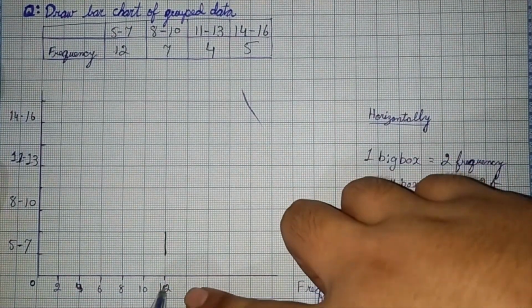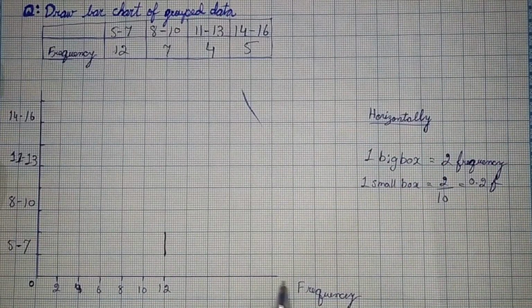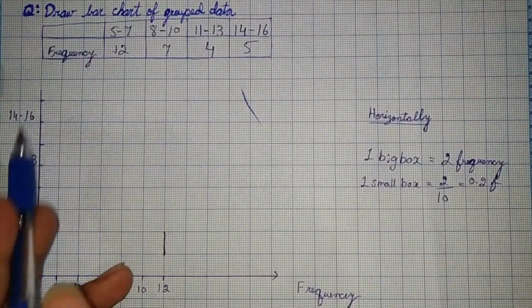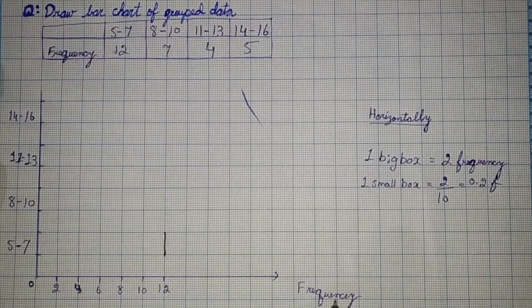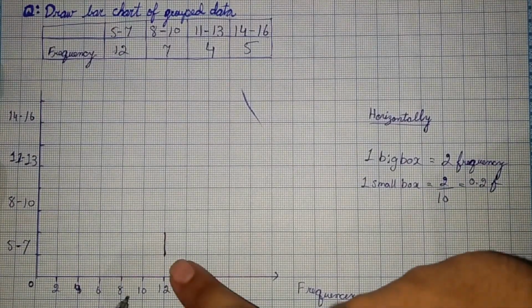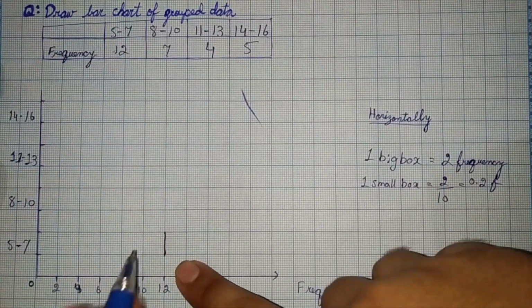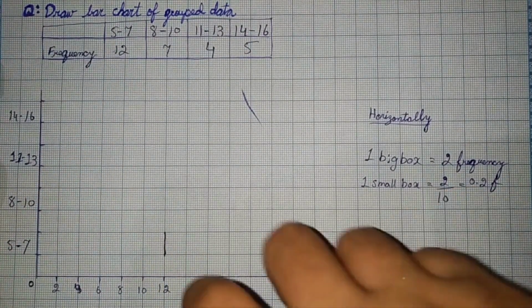This is the 12 frequency we have, because here we have frequency and here we have our data. Now this data type has a frequency of 12. So actually, this is the height.